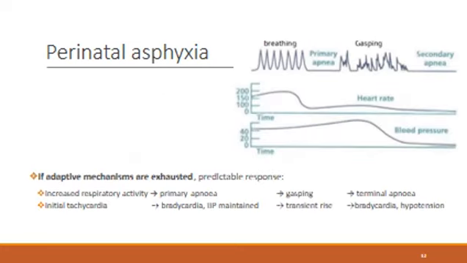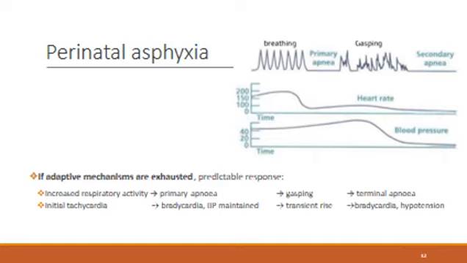If the baby suffers a severe event or is exposed to chronic hypoxia, the adaptive mechanisms can be exhausted, and there are predictable responses in both the respiratory and the cardiovascular systems. So in the respiratory system, you can have increased respiratory activity, which will then progress to primary apnea, where the fetus will stop making breathing movements.